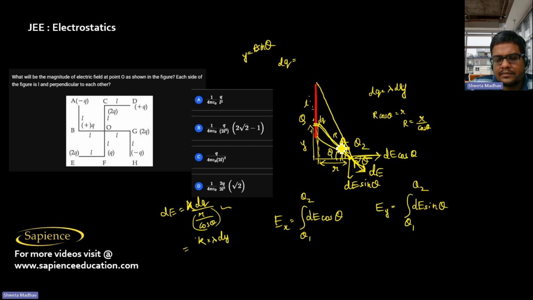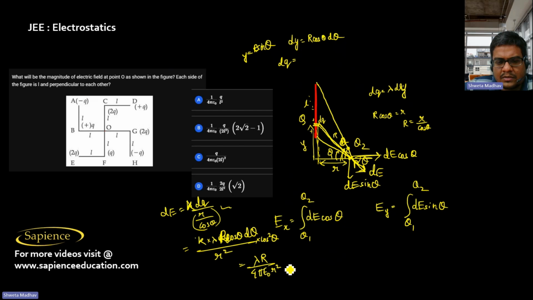Y is R tan theta, so dy will be equal to R sec square theta d theta. It is R cos theta d theta by R by cos theta, so this is R square into cos square theta. So dE will be equal to lambda R by 4 pi epsilon naught R square into cos cube theta d theta.